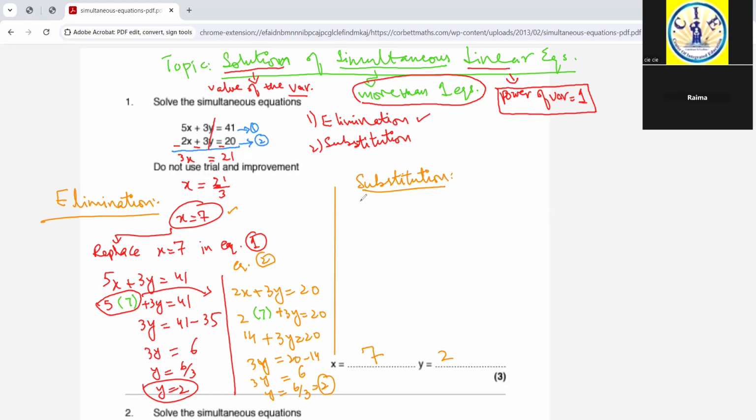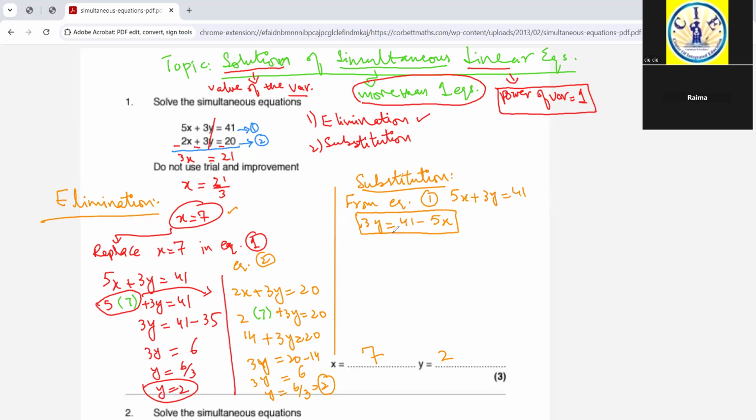For example, from equation number 1, if I take the value of y, 5x plus 3y equals 41, I can have 3y equals 41 minus 5x. So the value of 3y is 41 minus 5x.